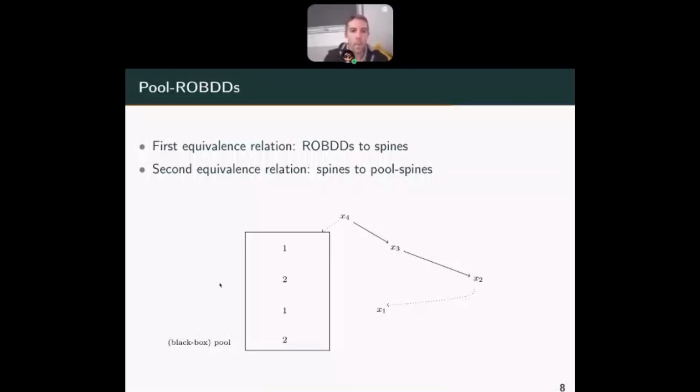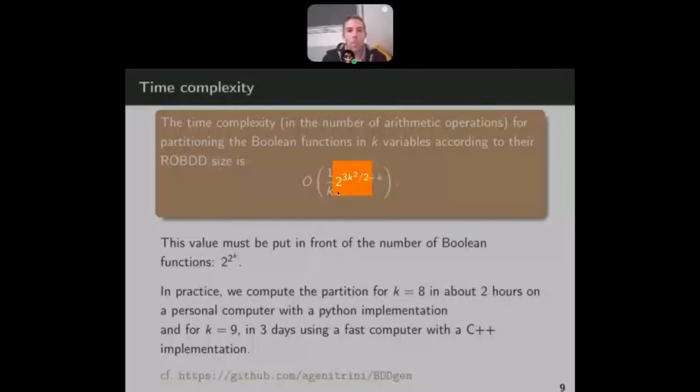If you put it all together, I obtain an algorithm to enumerate all Boolean functions. And in fact, the complexity of this algorithm is something like 2 to the k squared times a constant. So this is big, of course, but it must be put in front of the state space of my problem, that is doubly exponential.